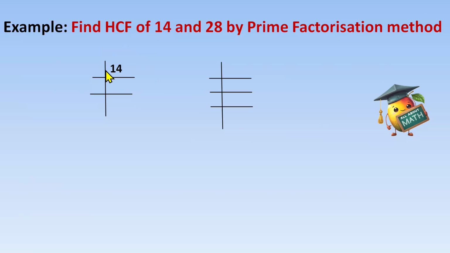So I'll see if 14 comes in 2 table. Yes, it comes. So 2 will be written here. 2 table 14 comes, and where it comes, we'll write under 14. 2 sevens are 14. This way we do this method.